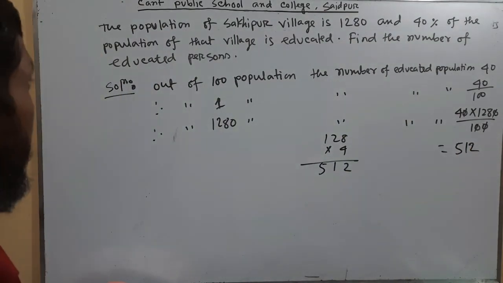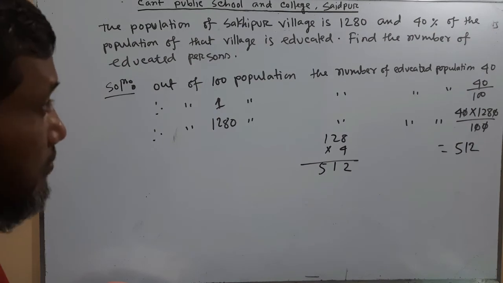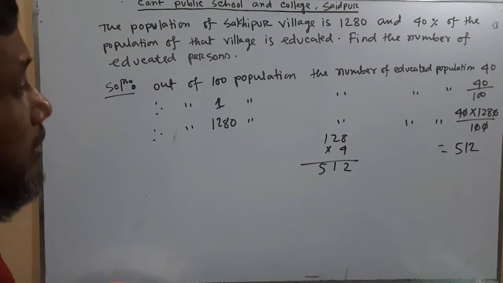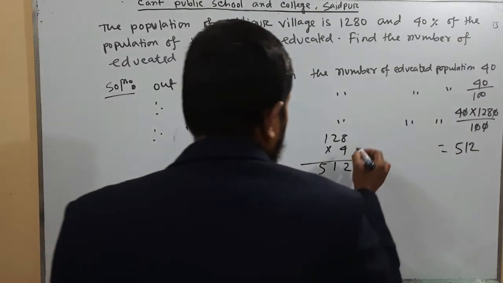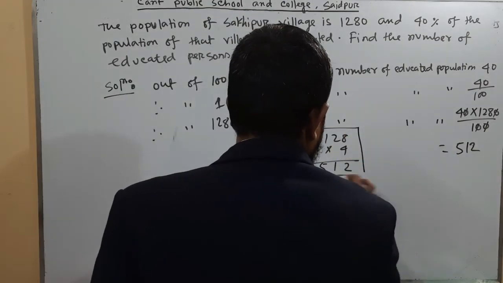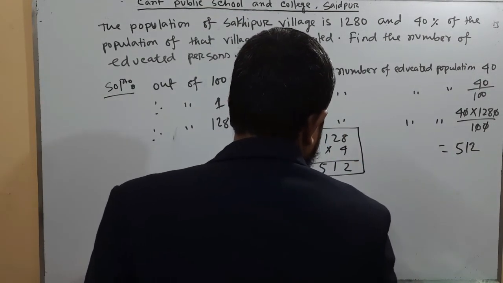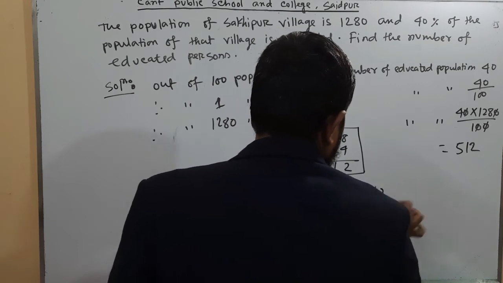The number of educated persons of this village will be 512. The answer will be 512 persons.